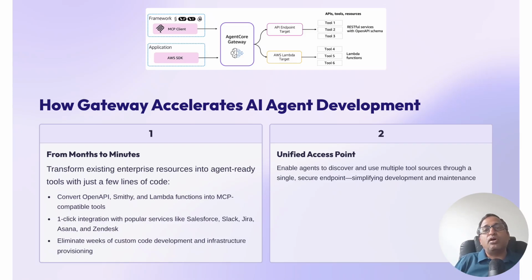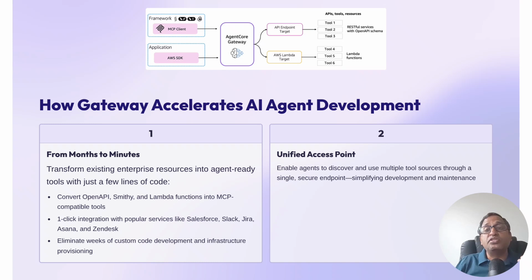Now let's talk about why the AgentCore Gateway is such a game changer for AI agent development. First, it turns months of backend integration work into a few minutes. With just a few lines of code, you can convert your existing APIs, Lambda functions, or OpenAPI specs into an MCP tool that agents can use out of the box.